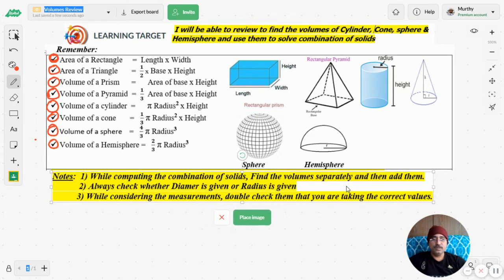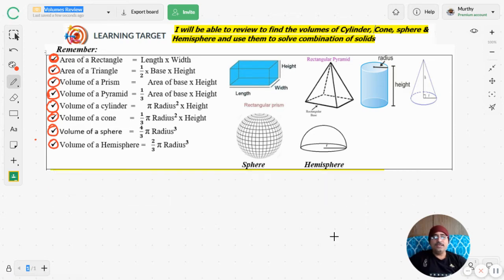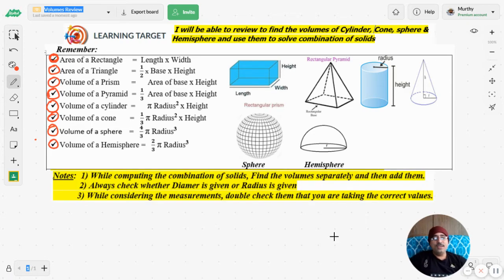These rules are: while computing the combination of solids, find the volumes separately. Already in my previous session, I explained this. Suppose you are given that a cone is surmounted by a hemisphere.